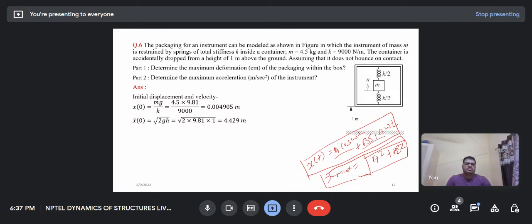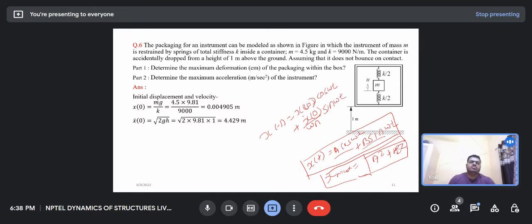A would be x naught itself, okay. And what is B? B is x dot of 0 by omega n. Yes. If you have seen the NPTEL video lectures, we have written the equation in terms of x(t) as x naught cos omega t plus x dot naught divided by omega n sin omega t.